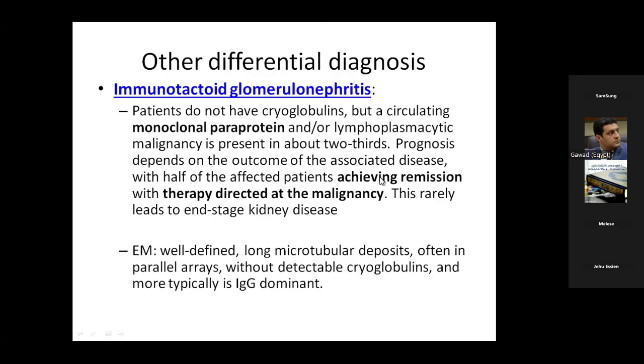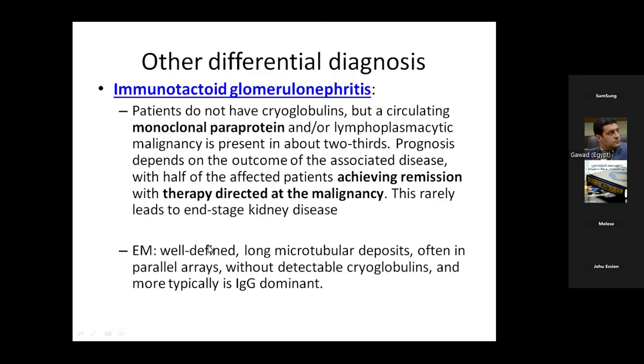As we have said, the remission or the outcome of this disease is related to achieving remission with therapy that's directed against the malignancy, and this rarely leads to end-stage kidney disease.